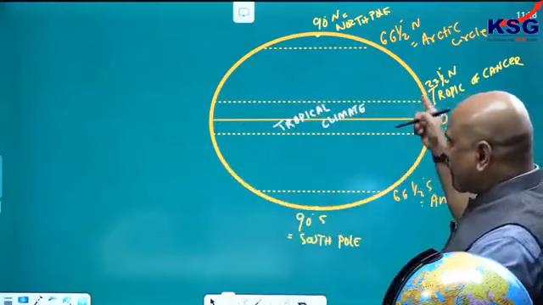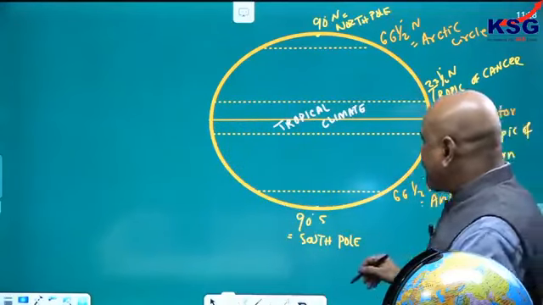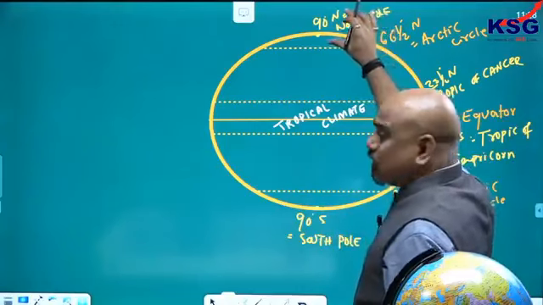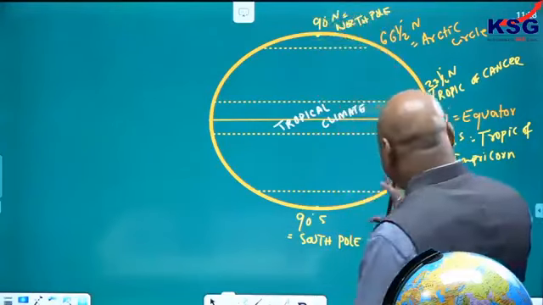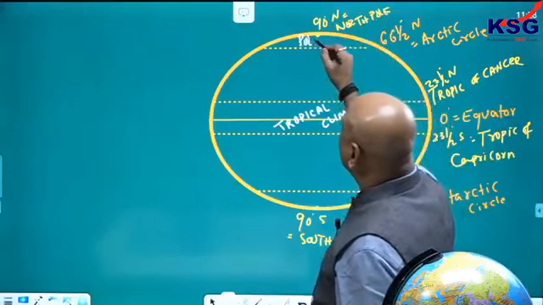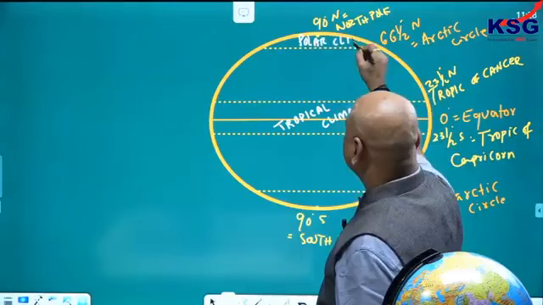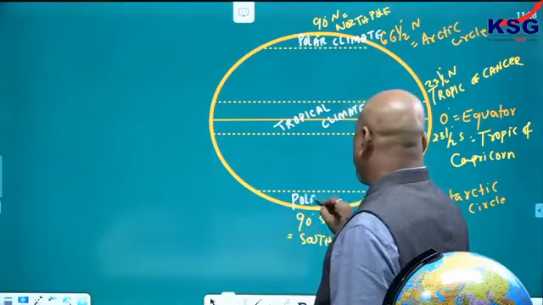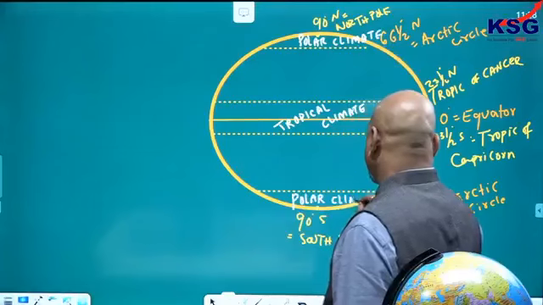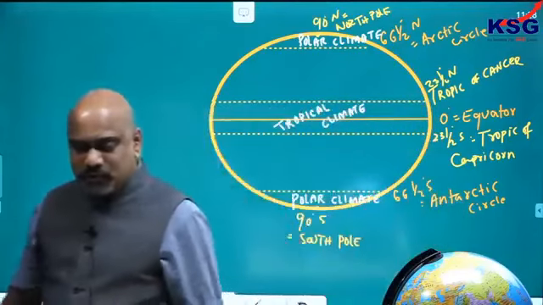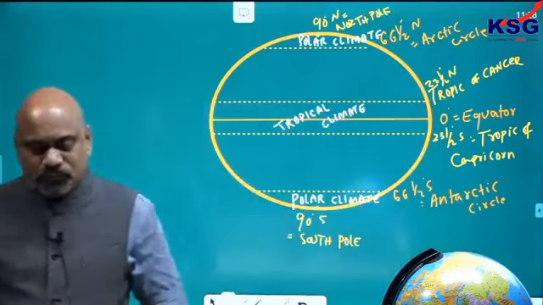And in both cases, 66.5 degree north to the North Pole and 66.5 degree south to the South Pole, this is the polar climate.